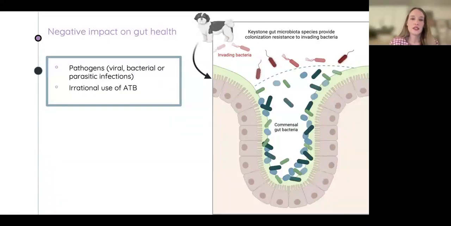Another quite problematic thing that leads to this disruption of homeostasis in the gut is irrational use of antibiotics, and that is something that Eva is also going to discuss in much more detail.